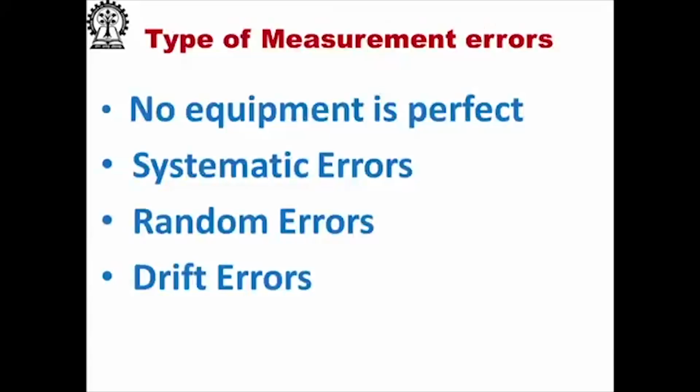That means errors in the various assumptions we made, where while implementing we did not keep to those assumptions. Random errors we cannot predict, mainly noise, etc. Drift errors mean that after some time the performance degrades. Suppose I work for longer hours, my performance will degrade. Similarly, if instruments work longer, their reliability degrades, and that is called drift errors.